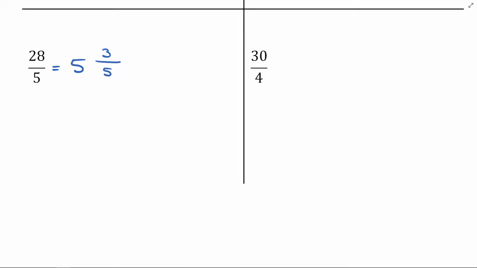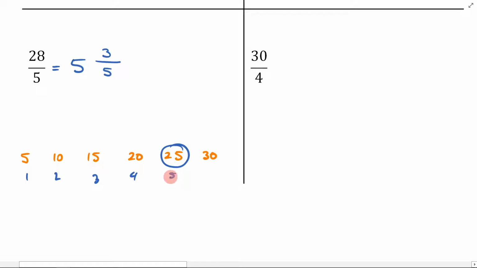If you're thinking, I'm still struggling with this idea a bit, then in your head, what you should be thinking about is, all right, I've got 5. So it's going to be 5, 10, 15, 20, 25, 30. And then you're thinking, how can I get as close as I can to 28 without going over? Well, that's going to be 25. 1, 2, 3, 4, 5. It goes in 5 whole times.